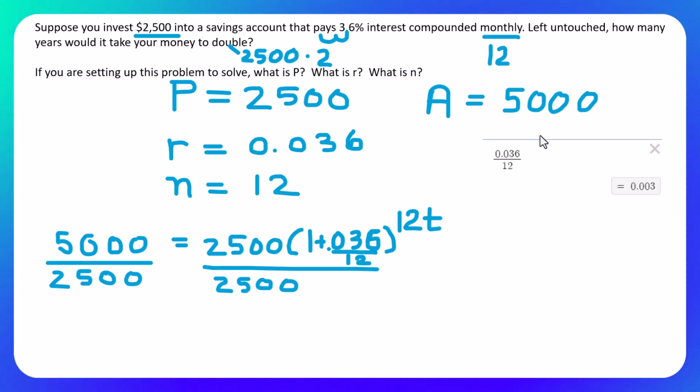All right, I went ahead and put in Desmos 0.036 divided by 12. That's 0.003. We're going to be adding that to 1. So I'm going to simplify this. 1 plus 0.003 is 1.003.